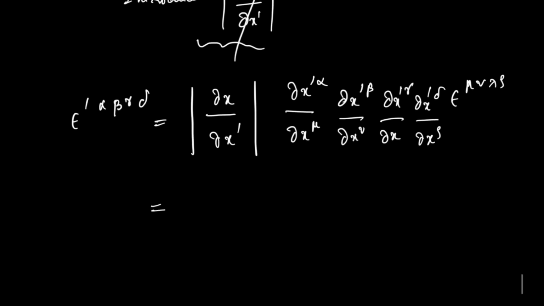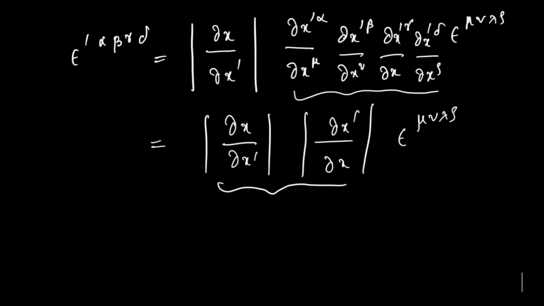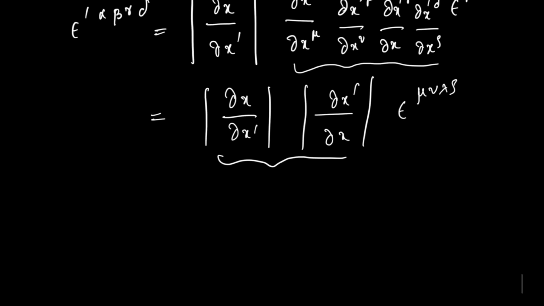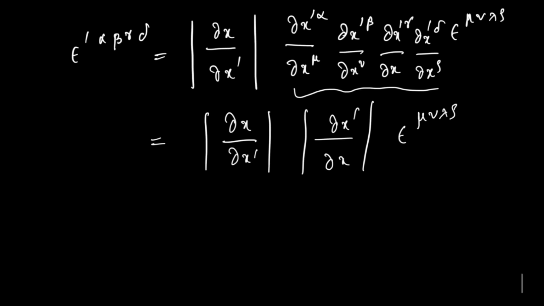Here you can see the partial derivative of x with respect to x prime will give a contribution with partial derivative of x prime with respect to x and epsilon mu nu lambda rho. Now these two will get cancelled, and you will get epsilon prime is equal to epsilon. Then it will be a tensor. Otherwise, it will not be a tensor.